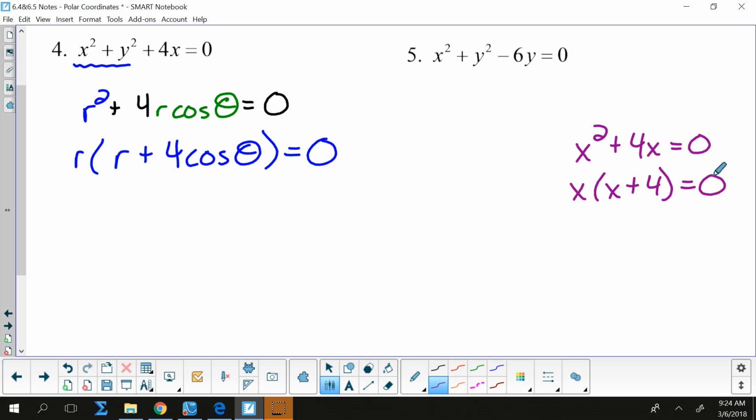Just the stuff in the parentheses? And so then you would go x equals 0 and x plus 4 equals 0, right? And then you'd solve those. Okay? Algebra. All you're doing here is algebra. So what are you going to do over in this polar one?